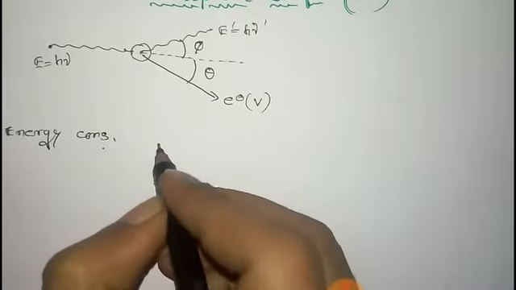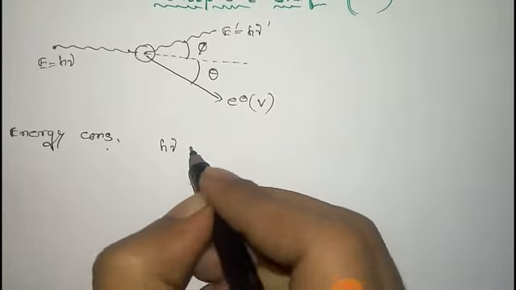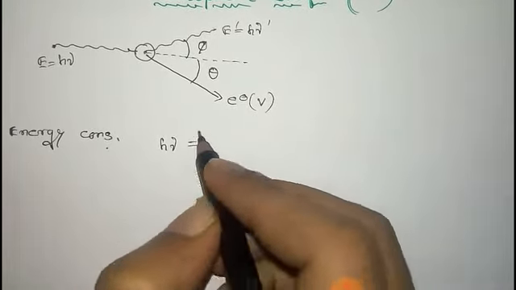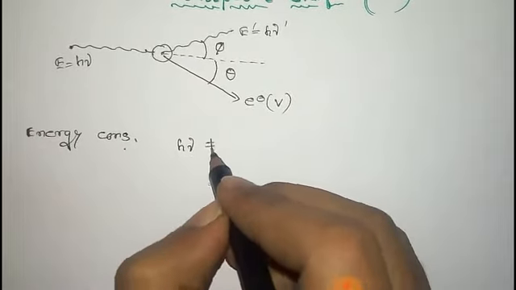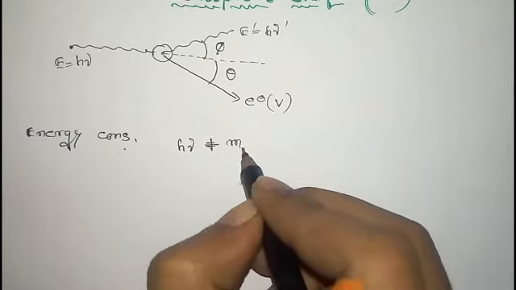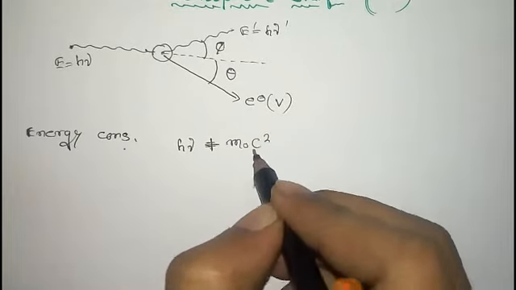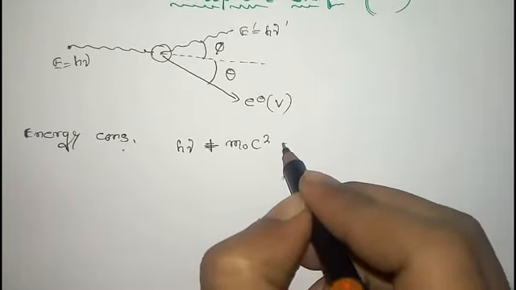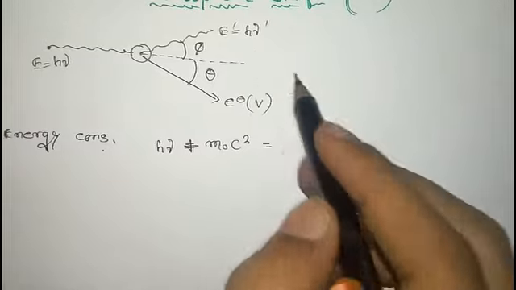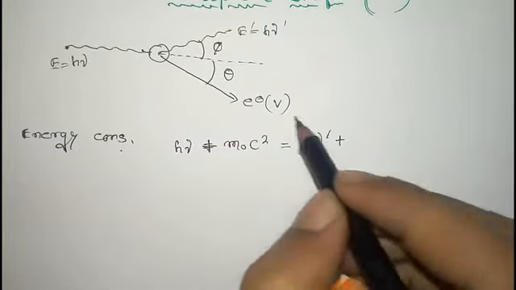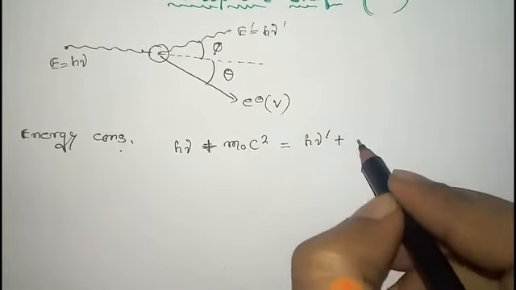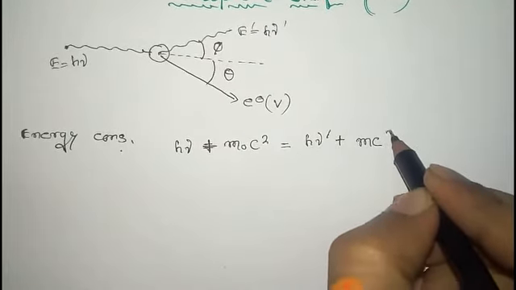That is, the energy of the photon is h nu before collision plus the energy of this electron that is at rest, that is m naught c square, because the electron is at rest, so the mass will be m naught, that is rest mass. And after collision the energy of photon is h nu prime plus the energy of the electron after collision, that will be mc square.